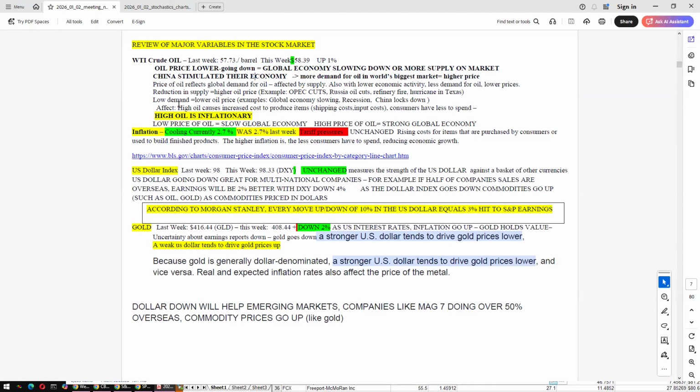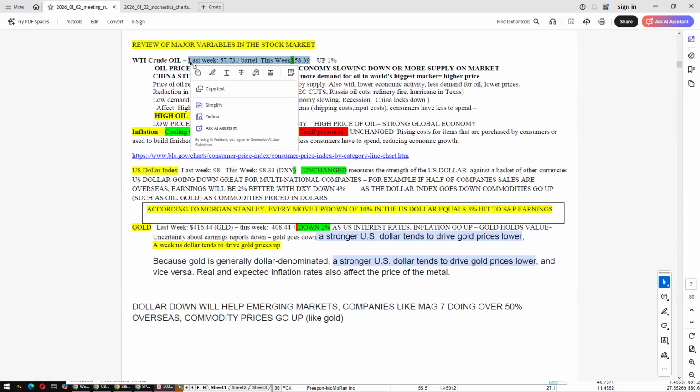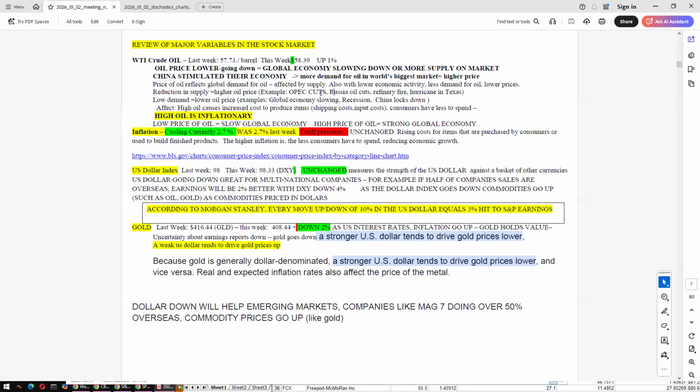And low oil is good for the stock market because one of the biggest input costs for businesses around the world is the price of oil, whether it be making plastic or transporting goods to be sold.